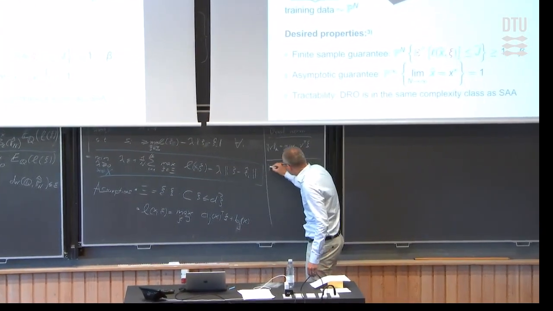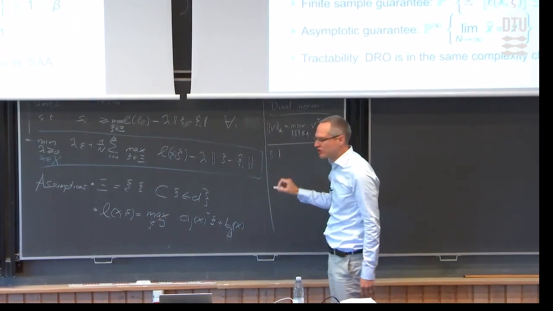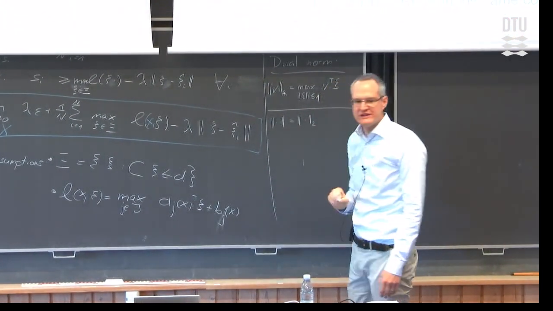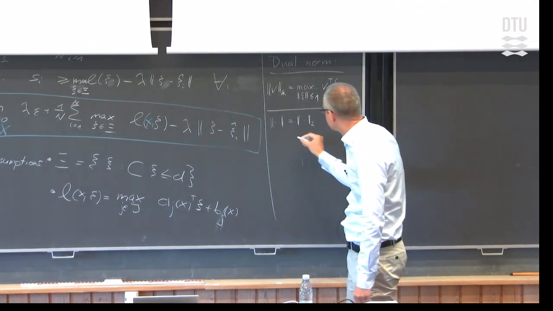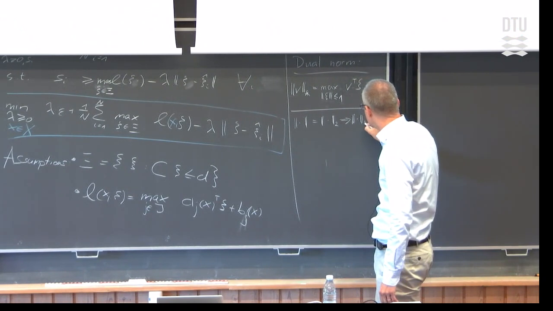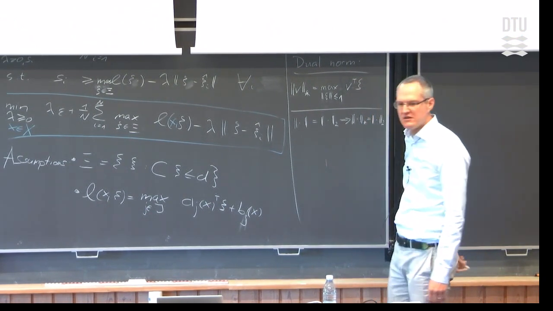If your original norm is the 2 norm, so that's a Euclidean norm, then it's easy to prove that the dual norm is also the Euclidean norm. Okay?